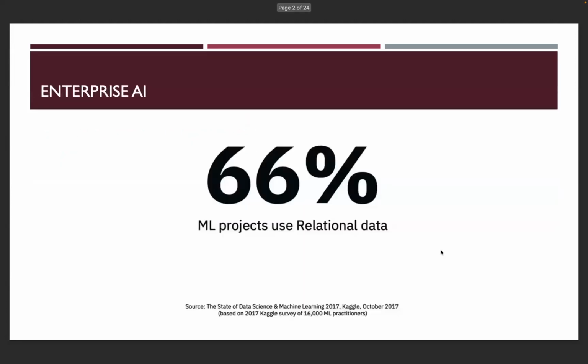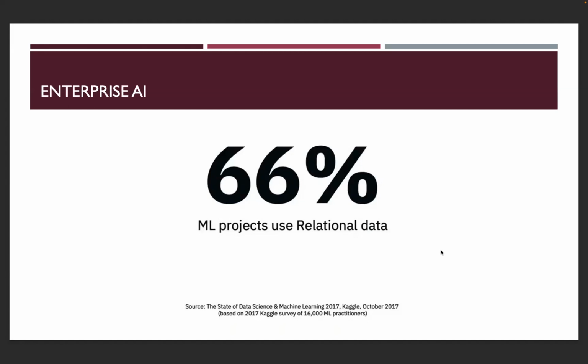Now, as you can see, 66% of the ML projects use relational data from enterprises, that is business organizations. This survey was conducted by a data science community in 2017. You can imagine the number only going up, as the use of ML has only gone up in the past few years.